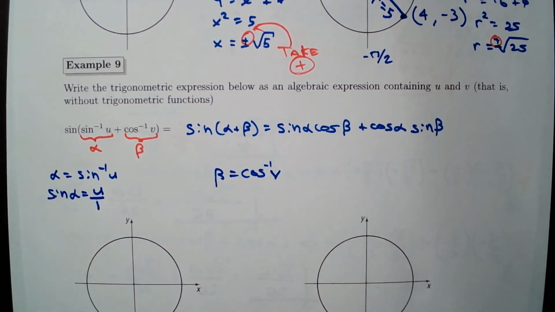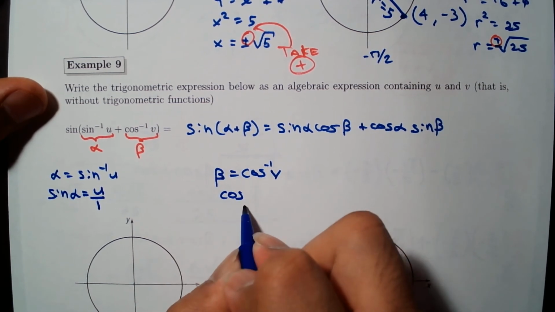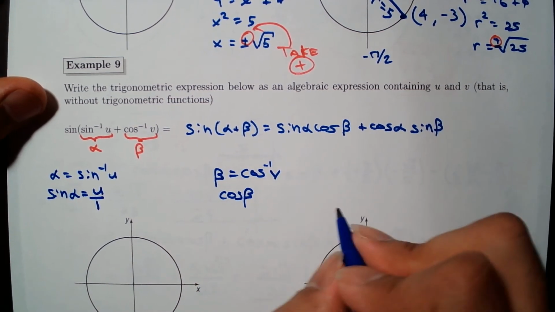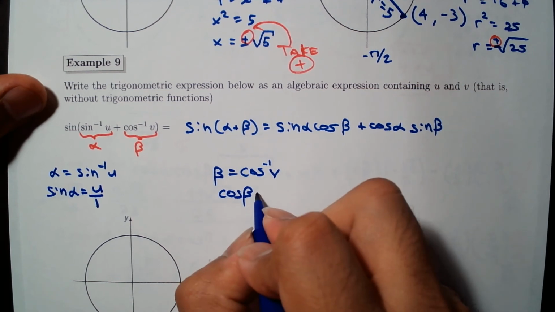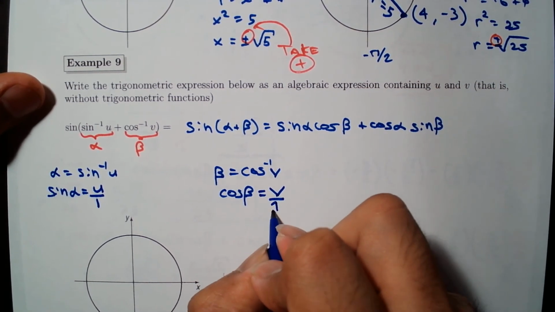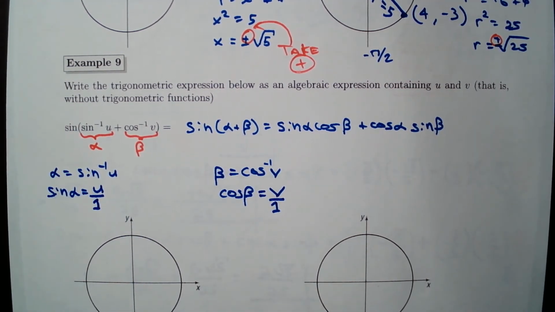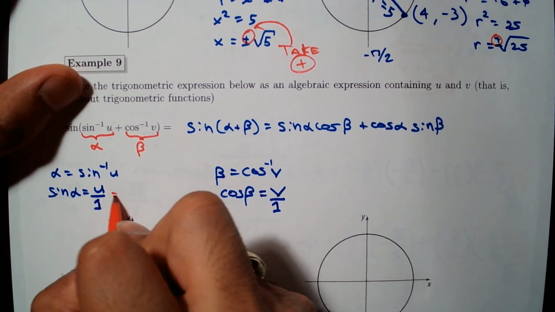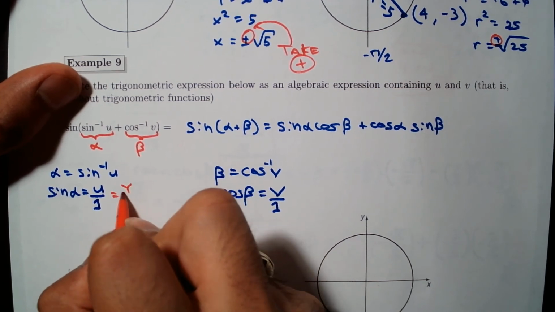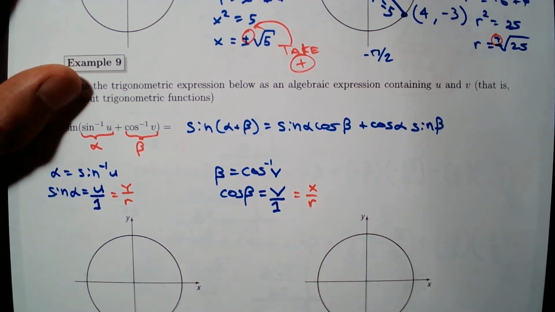Remember that u over 1 that we did a couple of sections ago, not in the previous one? Cosine beta equals v over 1 as well. Okay, let's define sine as y over r and cosine as x over r.